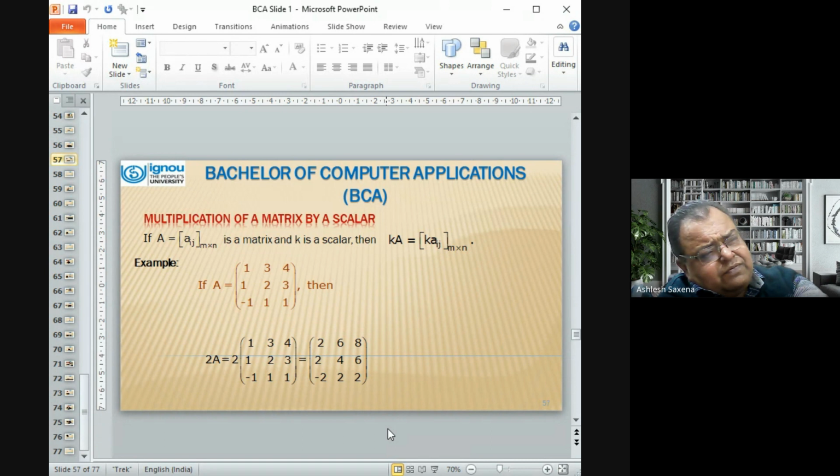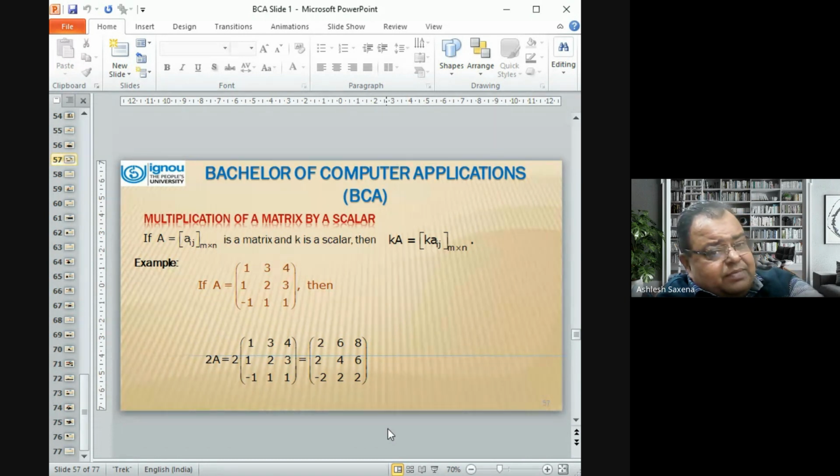If you remember, while we were solving problems related to determinants, we multiplied a particular row or a particular column by an element. In that case, what was happening? All the elements of that particular row or column were multiplied by the same number.